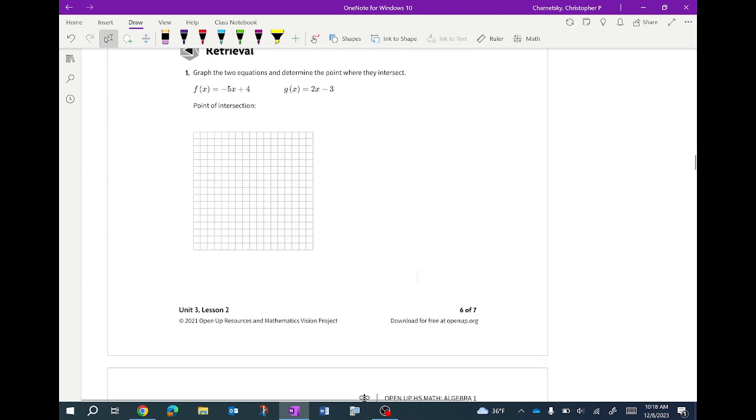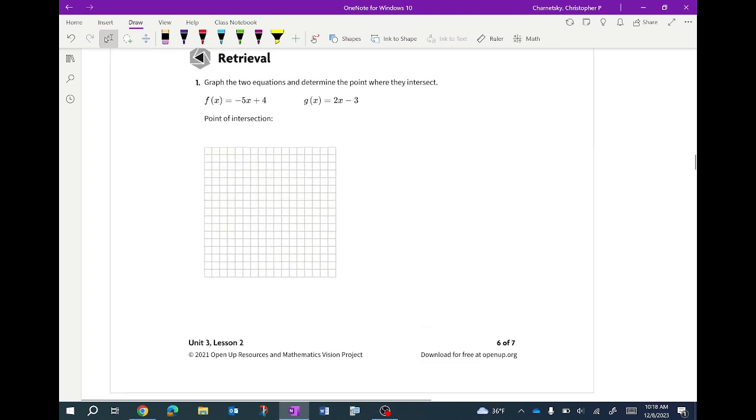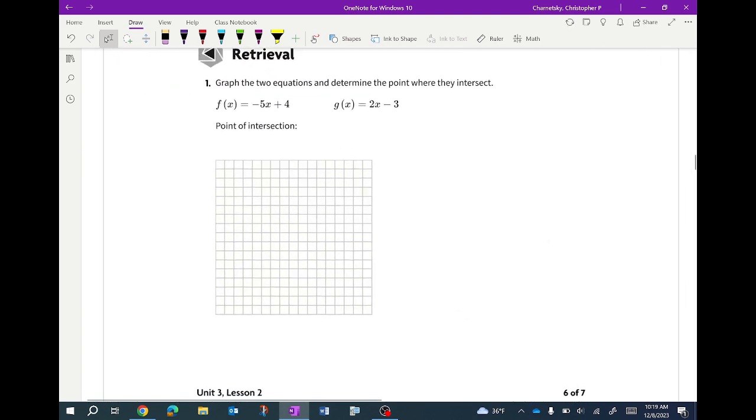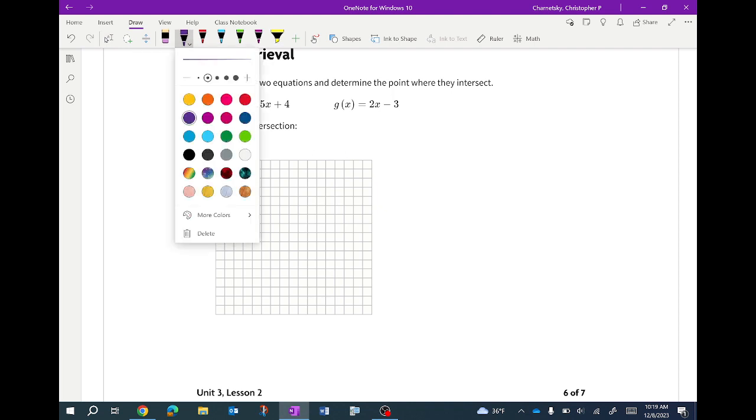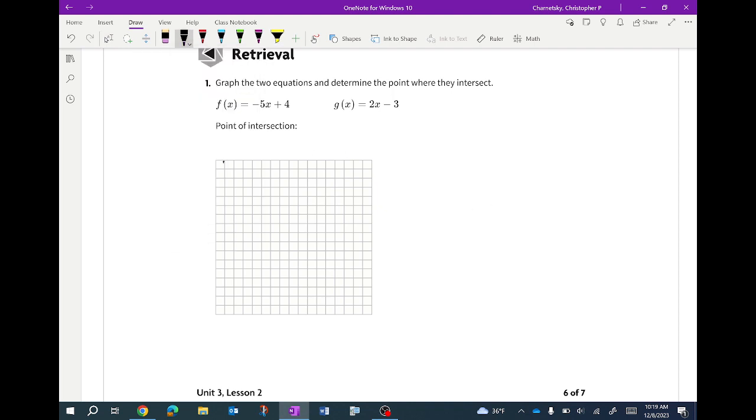So for our retrieval, and you're going to be doing this on your Ready, Set, Goes, if we're asked to graph two equations and then find the points where they intersect, well, first of all, we have some graph paper here, but let's put axes right in the middle.